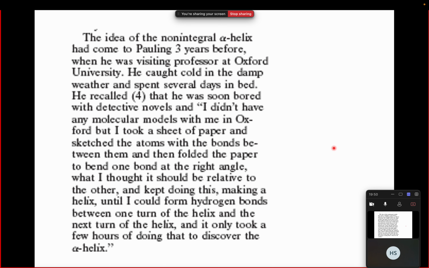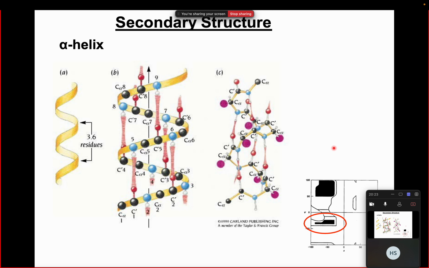He recalled that he was soon bored with detective novels: "I didn't have any molecular model with me in Oxford, but I took a sheet of paper and sketched the atoms with the bonds between them and then folded the paper to bend one bond at the right angle, what I thought it should be relative to the other, and kept doing this, making a helix, until I could form hydrogen bonds between one turn of the helix and the next turn of the helix, and it only took a few hours of doing that to discover the alpha helix." This is quite mesmerizing, right?